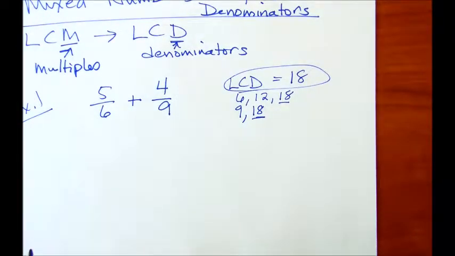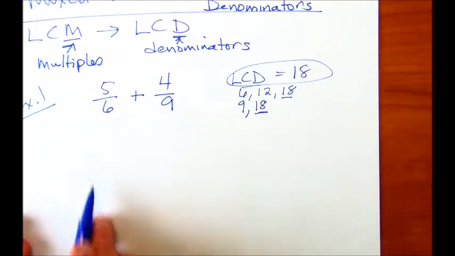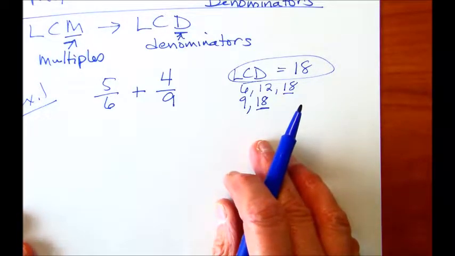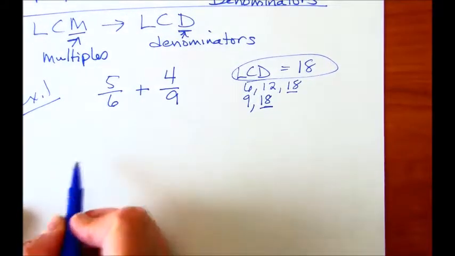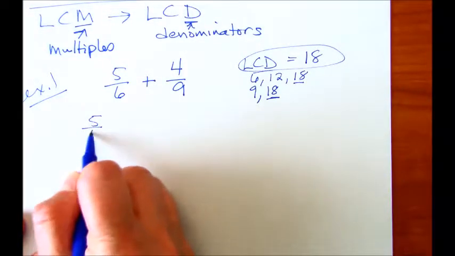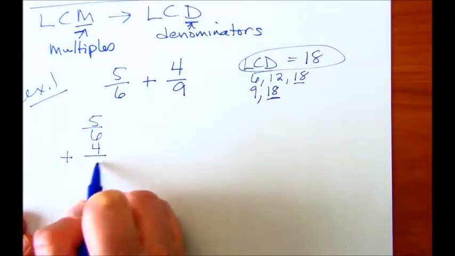Now, a good way to write this out is to rewrite it in a vertical fashion so that we can work outward and do some changes to our fractions. So I'll show you what I'm thinking here. If we take 5/6, and then underneath it I'm going to put plus 4/9.